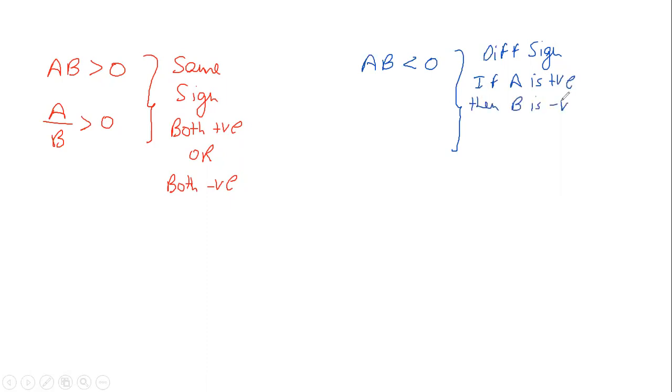Similarly, if A is negative, then B is positive. Same goes for division also. If the division is less than 0, we can say different signs.